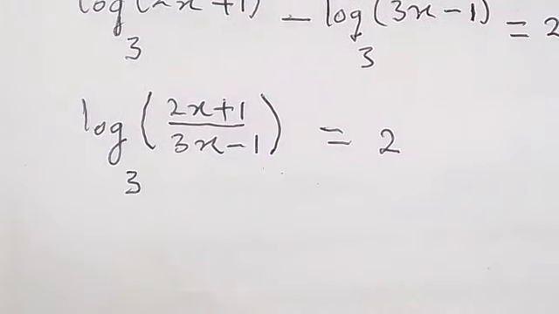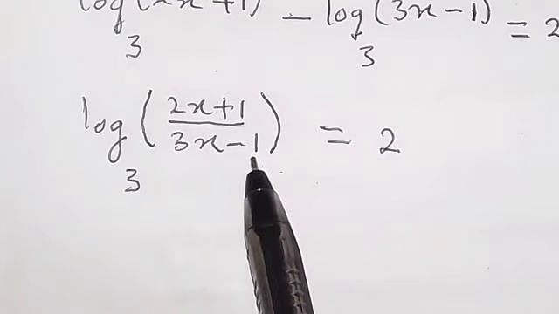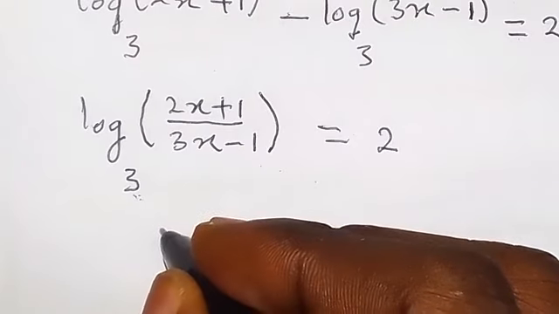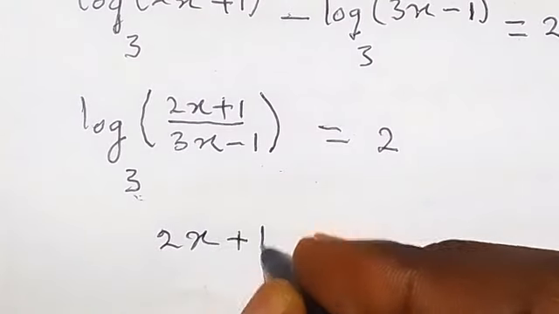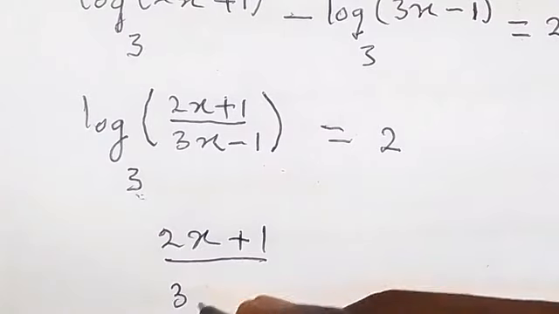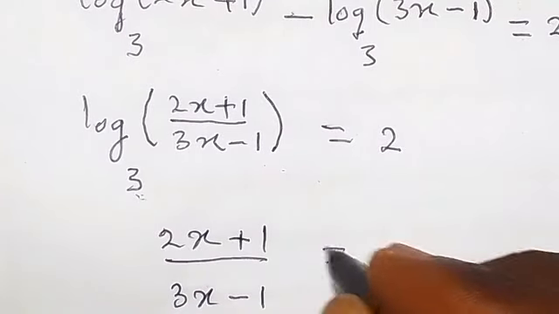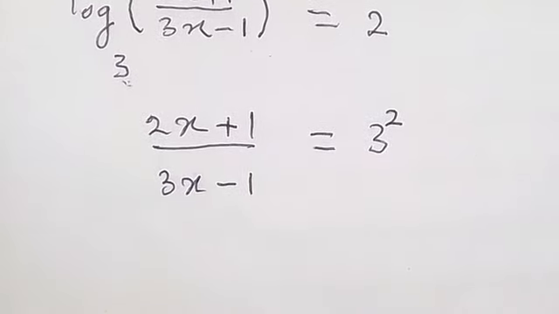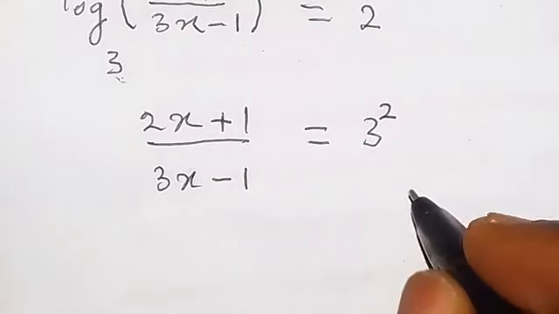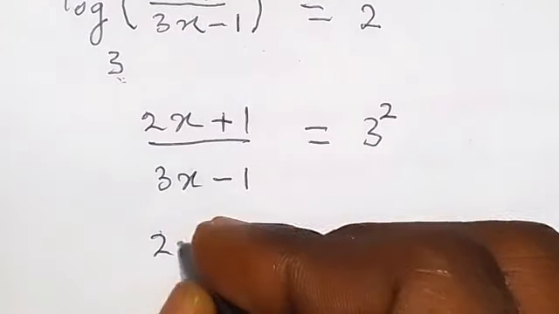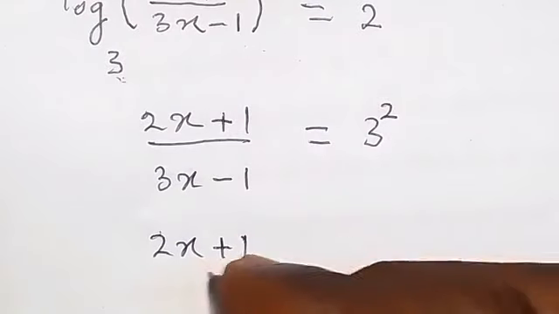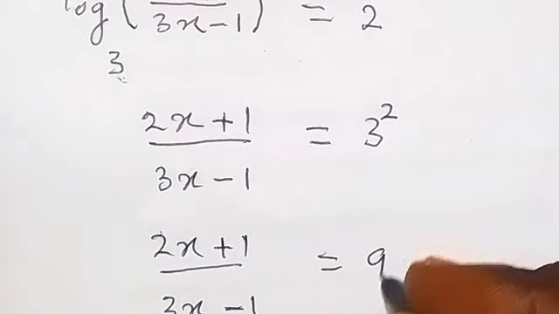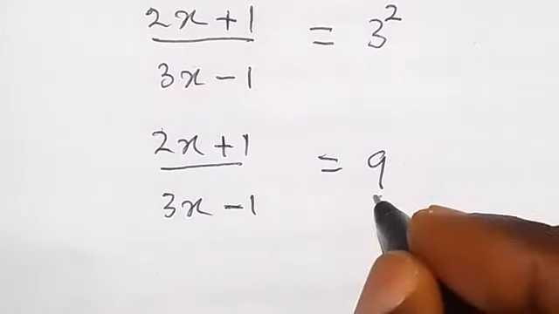When we apply that, it will now be (2x plus 1) over (3x minus 1) equals 3 raised to power 2, that's 3 squared, which of course is 9. So (2x plus 1) divided by (3x minus 1) equals 9 over 1.